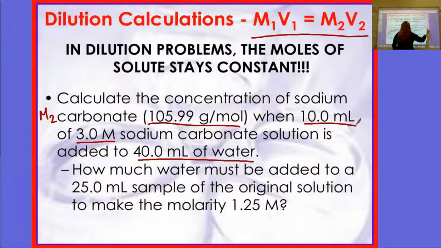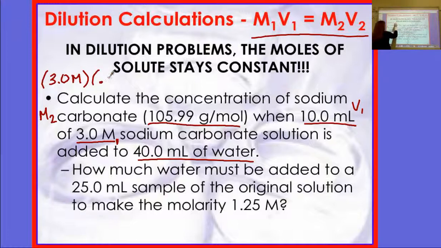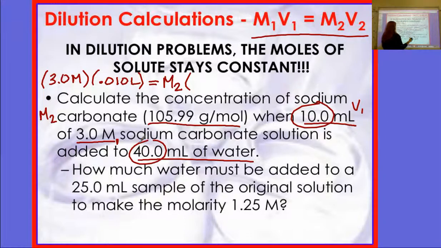When 10 milliliters, that would be my V1, of a 3 molar solution, that's my M1, so 3.0 M times 10 milliliters, convert that to liters, equals, I don't know M2, times, I'm adding 10 milliliters to 40 milliliters of water, 10 plus 40, my final volume, 0.05 liters.